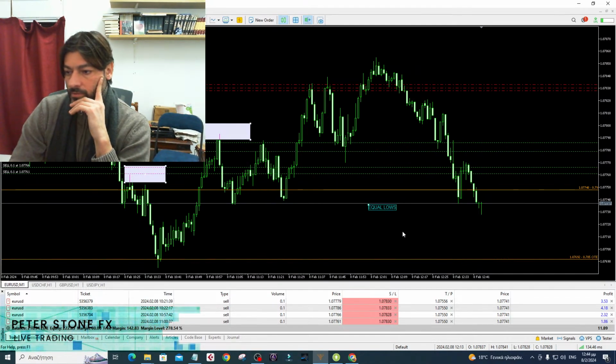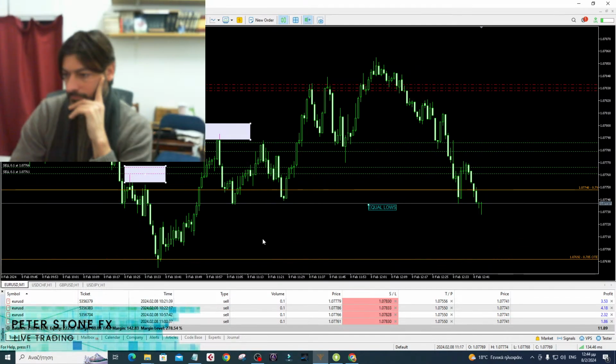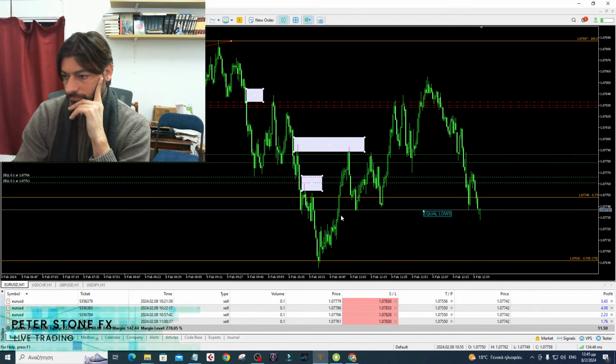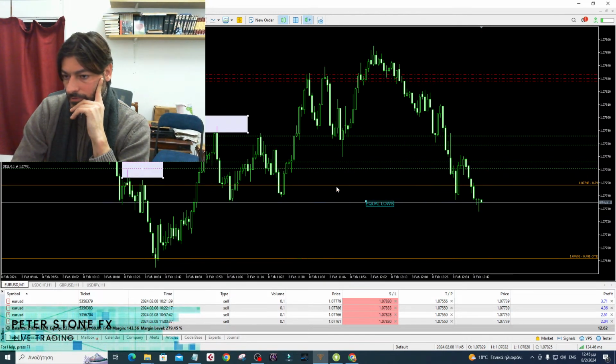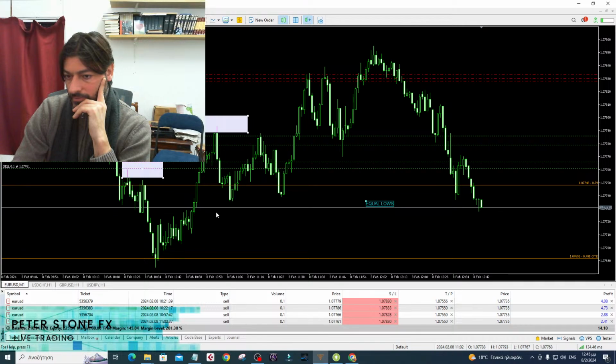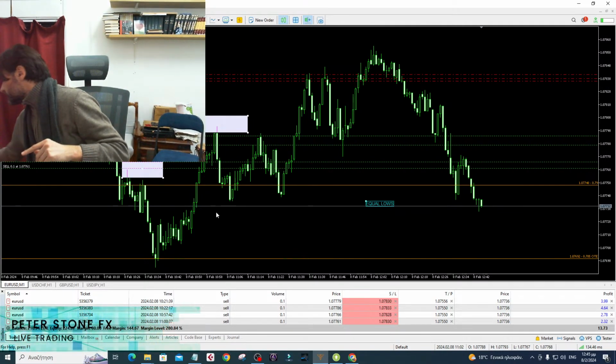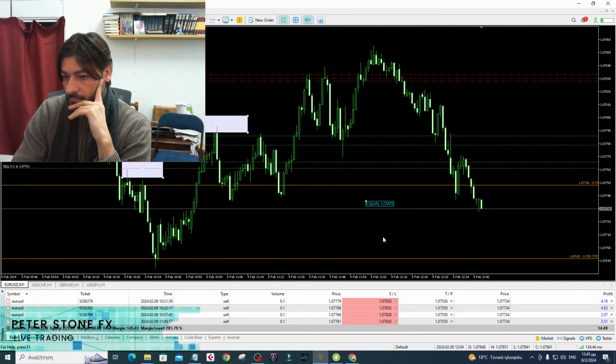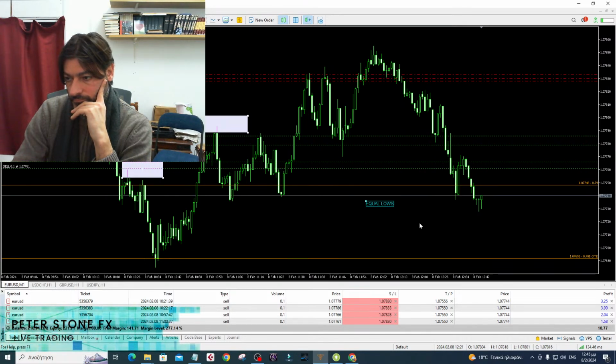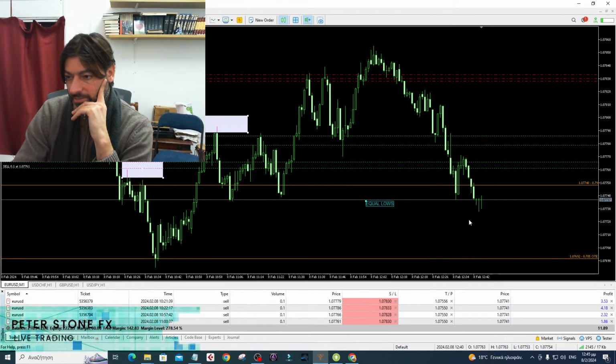Okay guys, so this is interesting. We have a wick here that hits, well, this area now will act as a resistance area, and this fair value gap also.